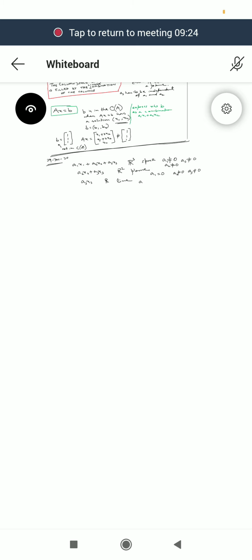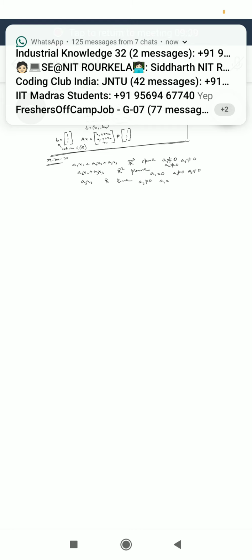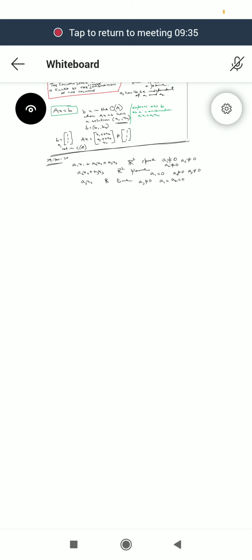Here A3 is not equal to 0, A1 is equal to A2 is equal to 0. So there could also be a case where A1 is equal to A2 is equal to A3 is equal to 0. So that would be the 0 vector, so that is the point origin.